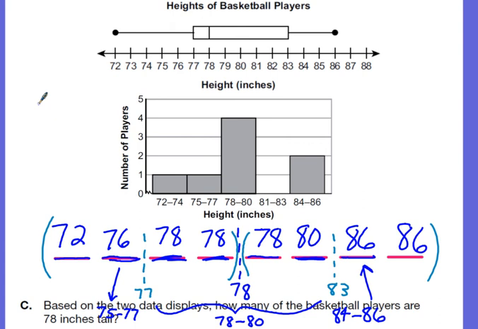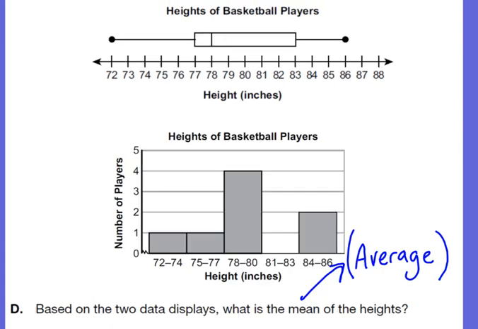In my head, that gets me 634, all divided by 8. And I've been using my calculator, and that gets me a final mean of 79.25. And that's it.